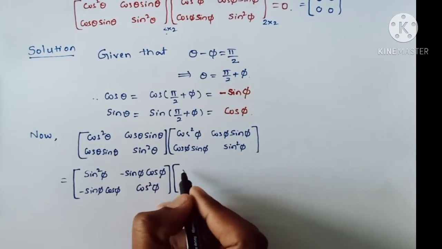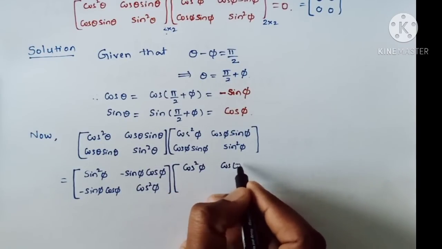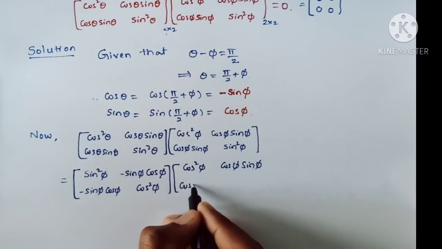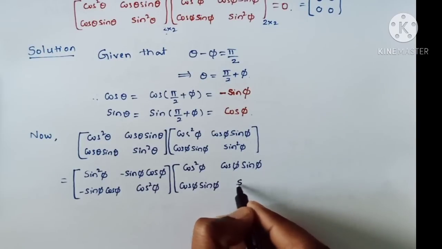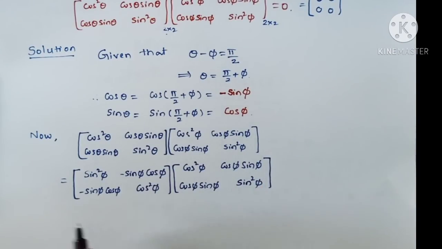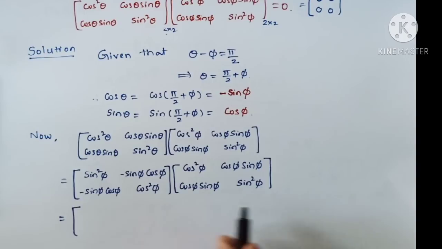So this is as it is: cos square phi, cos phi sin phi, cos phi sin phi, and sin square phi. Next, multiply these two matrices. Here the matrix multiplication is conformable, since it is a 2 by 2 matrix and the other is also a 2 by 2 matrix. So we get the resultant matrix of order 2 by 2.